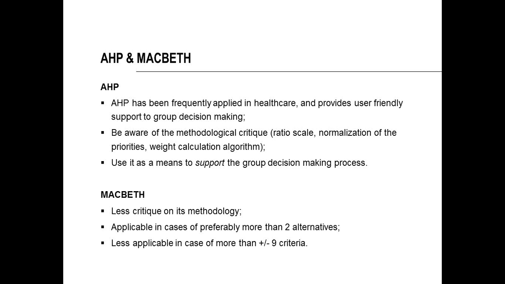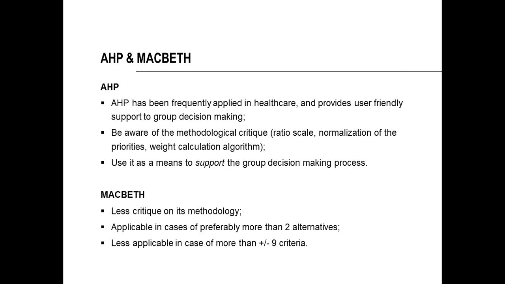And what's also a bit different is that since you will get such an overview of how well these alternatives score, you are going, in fact, to build value functions for these alternatives, and it's best applicable if you have at least 2, but preferably more alternatives to compare within the Macbeth.